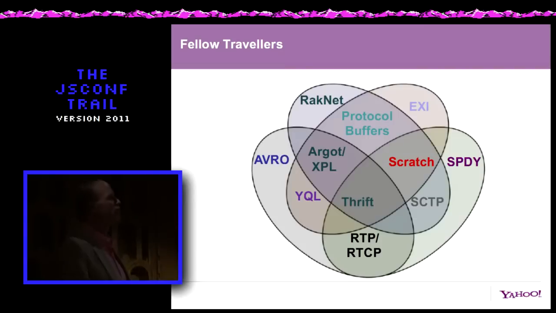Speedy is something from Google trying to multiplex HTML streams. RakNet, often used by mobile games, multiplayer games. W3C just released EXI. This is sort of a compact binary version of the XML info set. Sort of takes away a lot of the ideas that we had for using JSON to begin with. They're too late to the game for this, but it's on here.